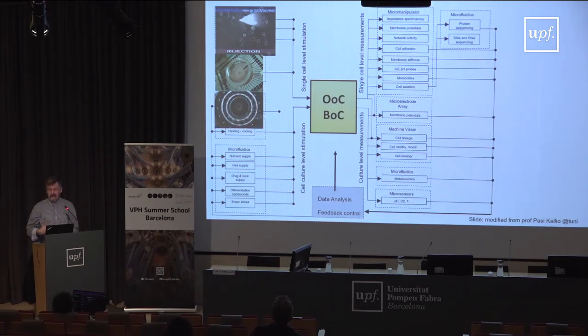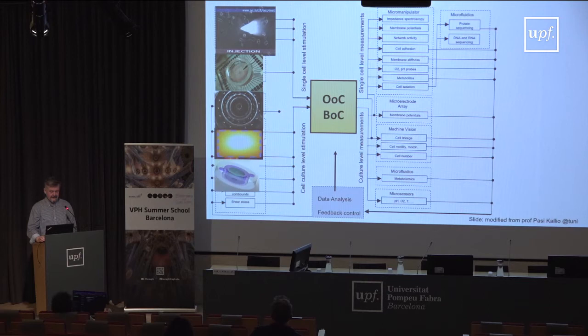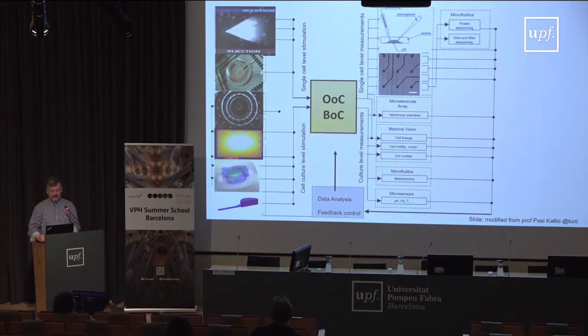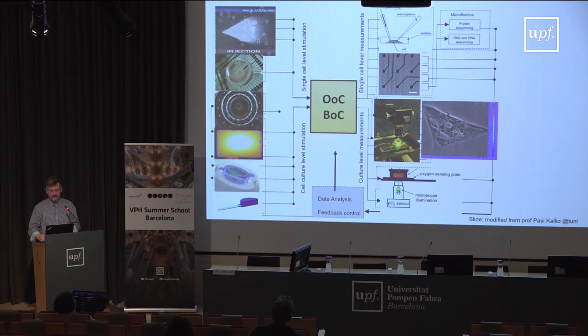We can have mechanical stimulation of the cells. This is a heat profile actually. We can have heat or something else, physics, microfluidic shear flow, shear stress, like here. And through this we can have different measures of what is happening, whether we are measuring the environment or the cell functions and so on.